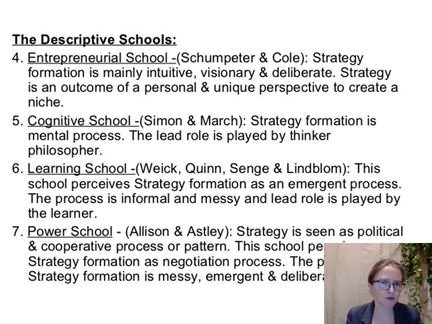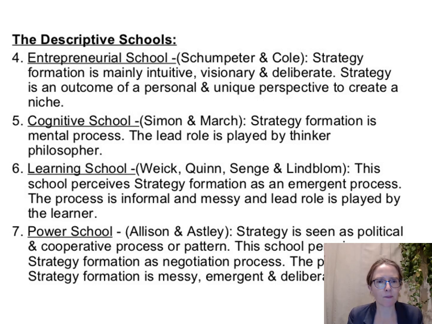We have the cognitive school by Simon and March, where strategy formation is a mental process. The lead role is played by a thinker philosopher. We have the learning school by Weick, Quinn, Senge and Lindblom, and this school perceives strategy formation as an emergent process. This process is informal and messy, and the lead role is played by the learner.